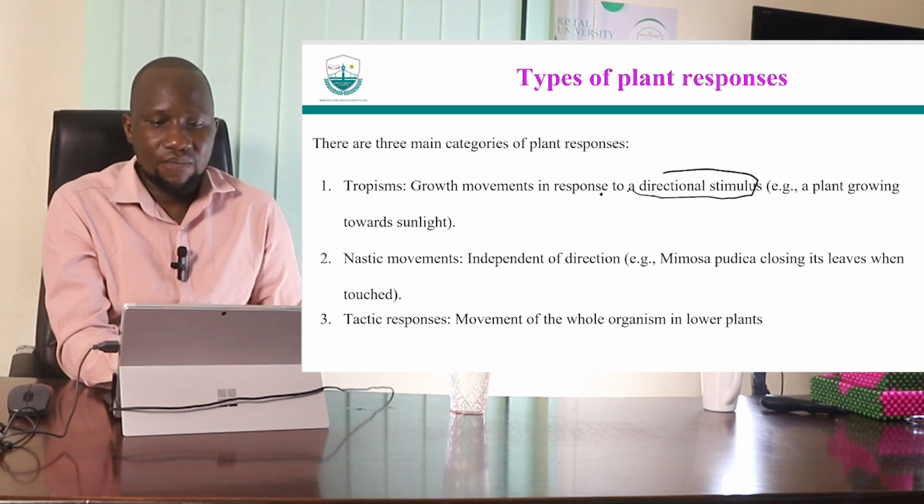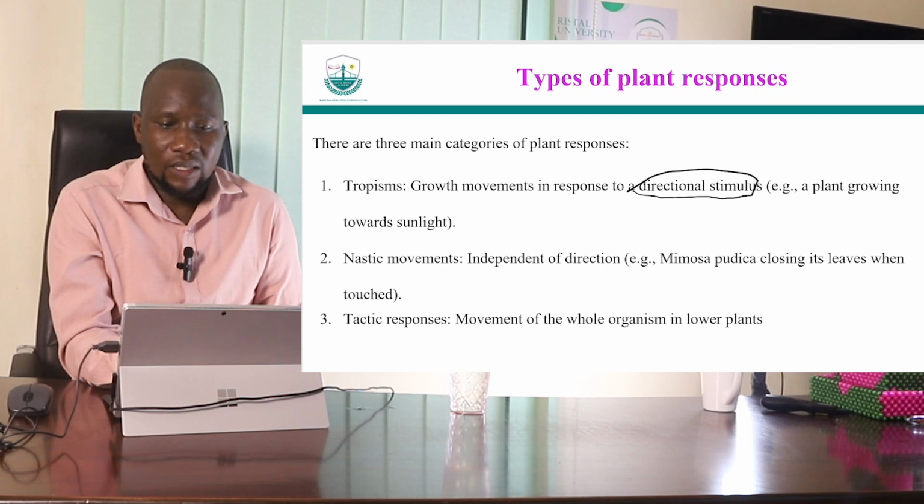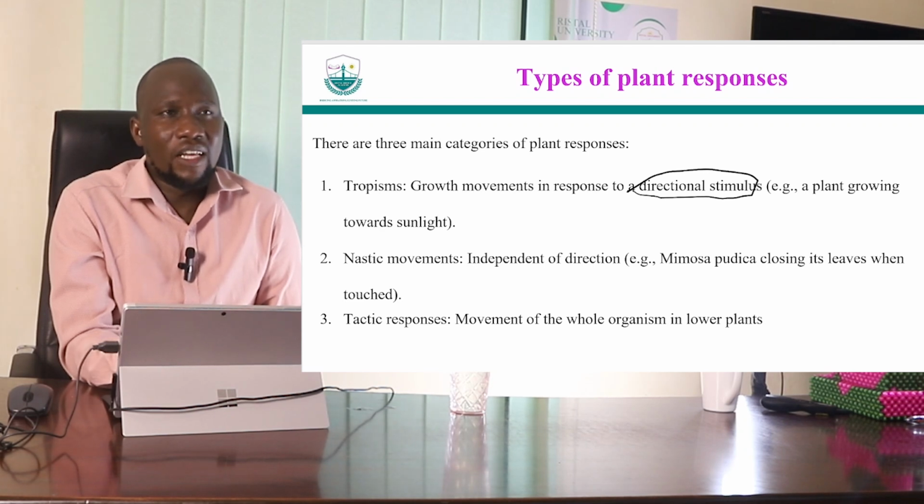That means that the change in the environment comes from a particular direction.